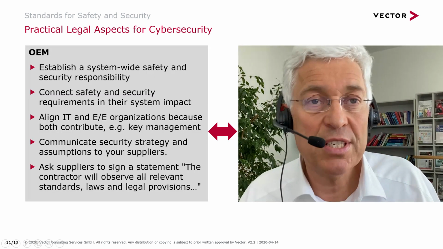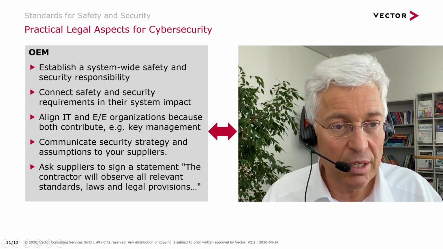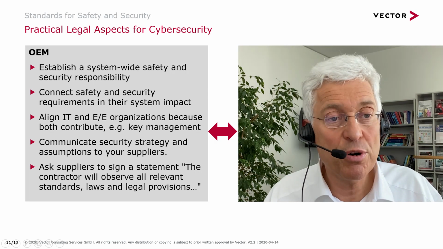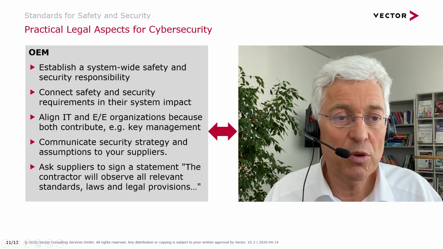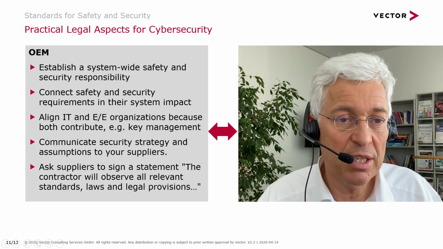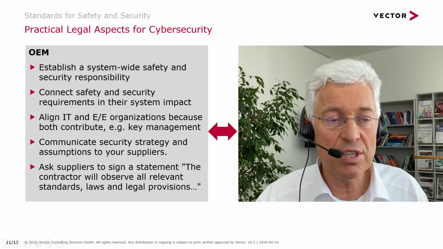Let me summarize with some practical aspects from our consulting projects in the recent past. And I would start with the OEM perspective, where we clearly recommend to establish a system-wide safety and security responsibility. Don't disconnect. Don't have here a safety manager, here a security manager.